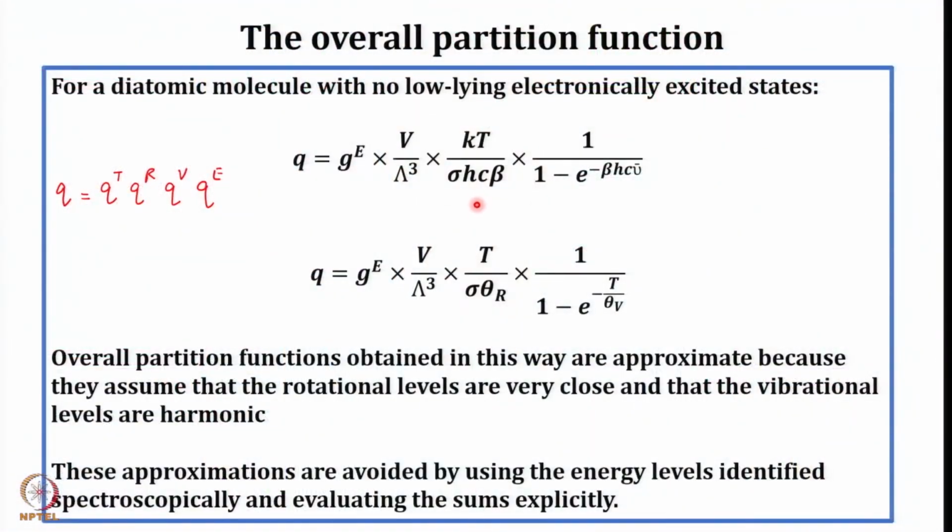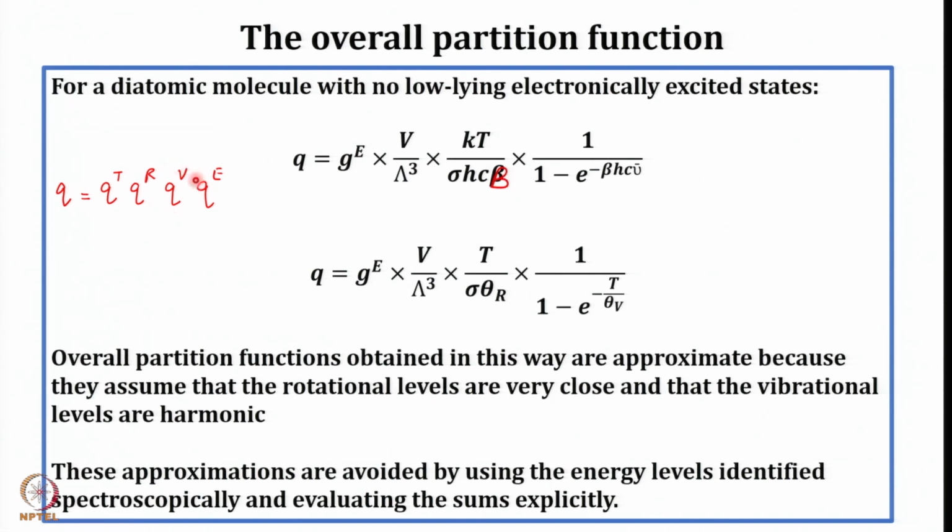For that, this is the expression kT by sigma hcB. k is Boltzmann constant, T is absolute temperature, sigma is the symmetry number, h is Planck's constant, c is the speed of light, and beta represents temperature, that is 1 by kT. A small correction, read this as B, kT over sigma hcB.